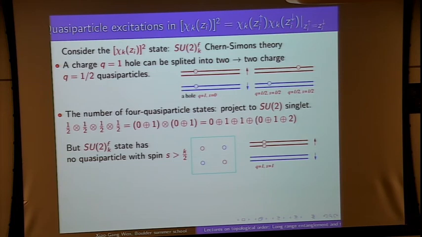They carry SU2 quantum numbers, and after projection, only the singlet survives. So among those 16 states, if you perform projections, only 2 states survive. Only these 2 zeros survive.